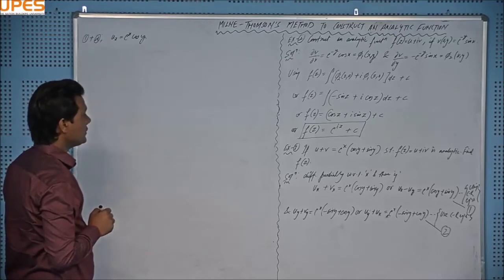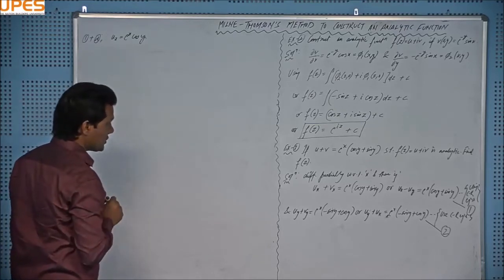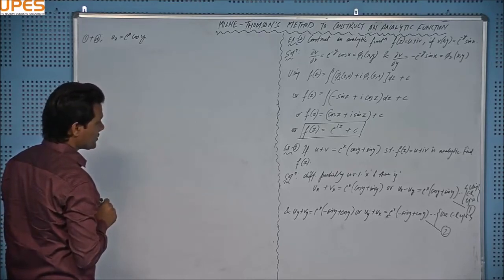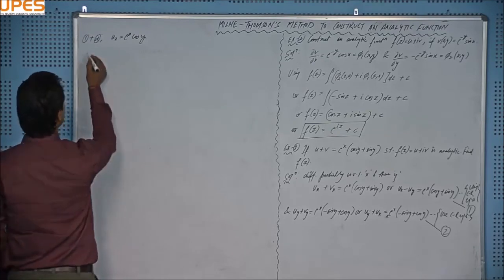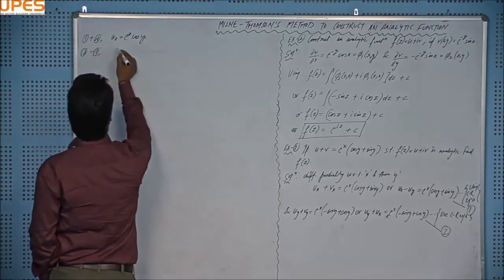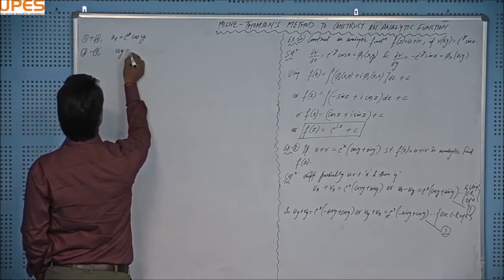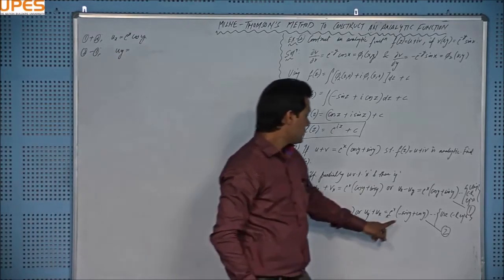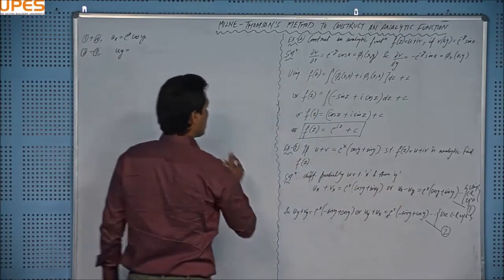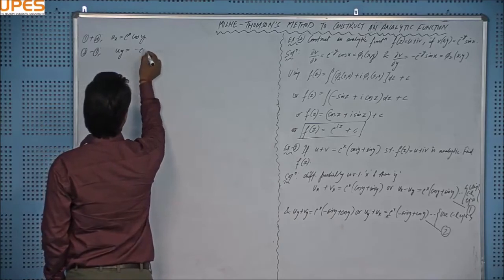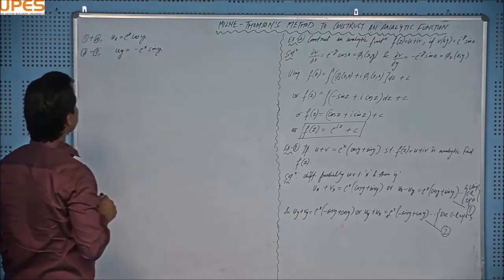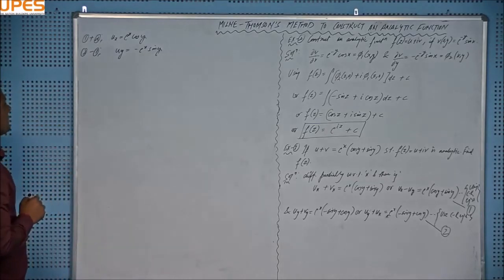And if I subtract them, second minus first, then that will produce u_y obviously equal to, and I think cos y will be cancelled, and minus e to the power x sin y, right? Fine.